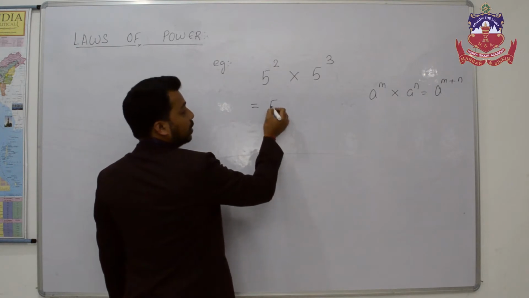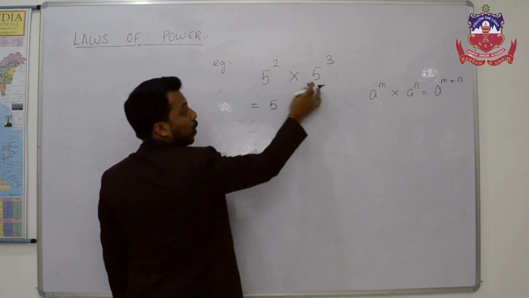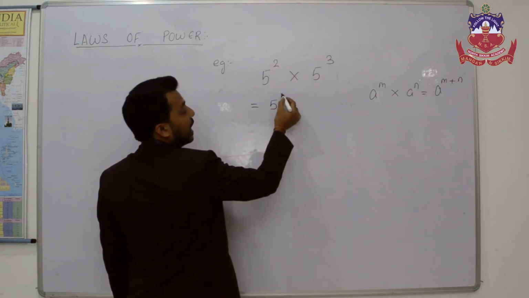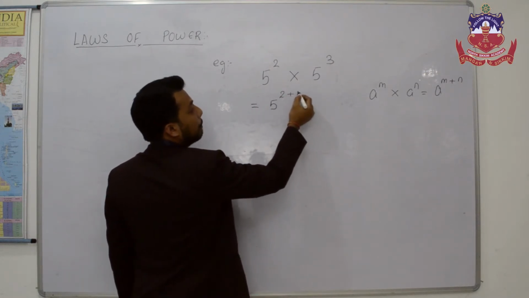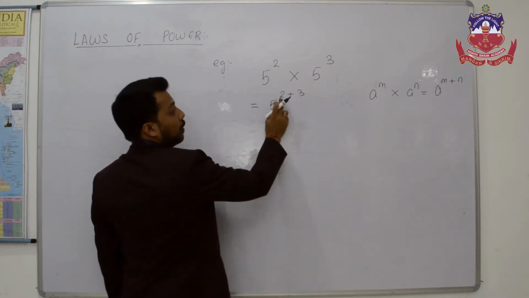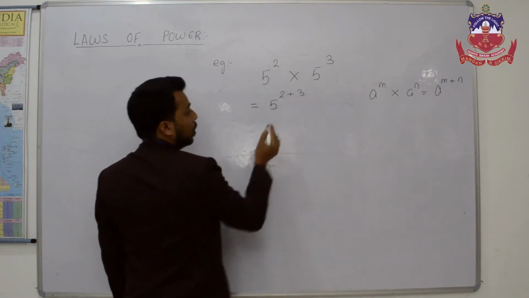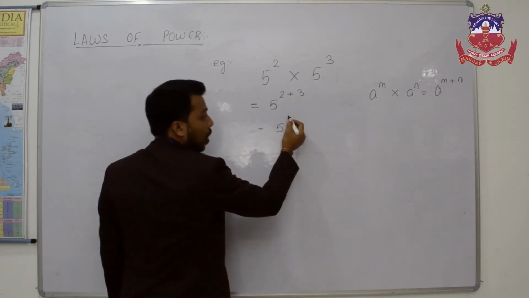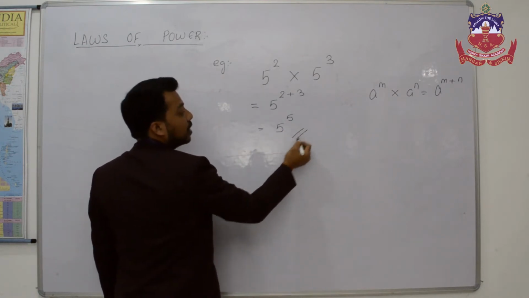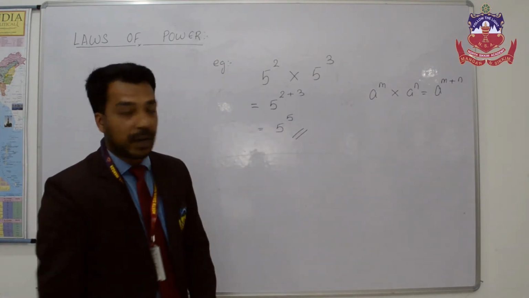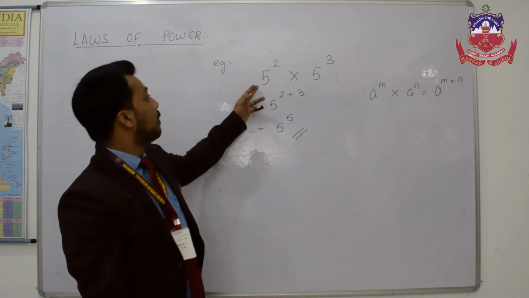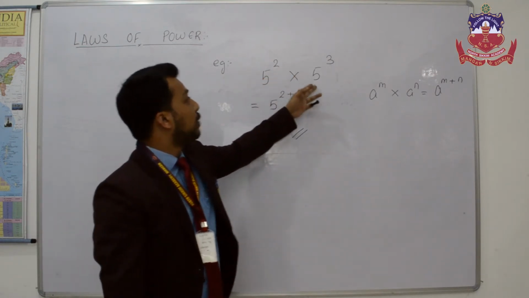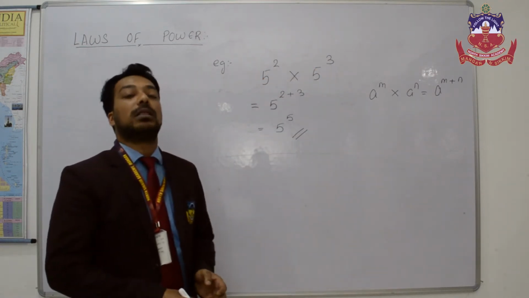I'm going to write 5, that is the base, one time since the base is the same, and then we add the powers, the first power plus the second power, which gives us the answer 5 to the power 5. So this is the answer after the simplification of 5 to the power 2 into 5 to the power 3 using the third law.